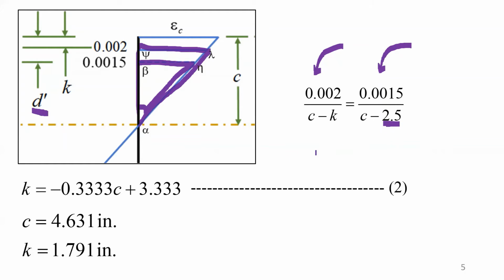Now, if we simplify this equation, we can get equation 2. Solving equation 1 and equation 2 simultaneously, we can get both c and k. It turns out that c should be equal to 4.631 inches and k should be equal to 1.791 inch.